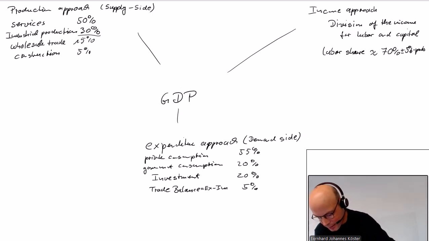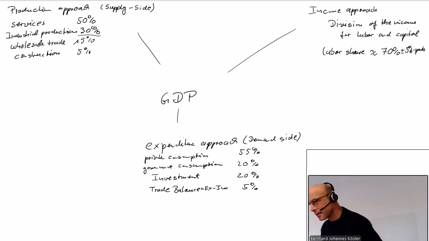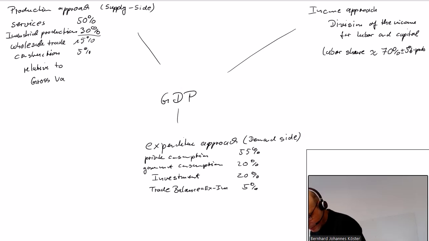And the last thing you should keep in mind: if we give proportions here, then we also have to know relative to which aggregate, and these aggregates differ. For the production side, this was relative to gross value added.